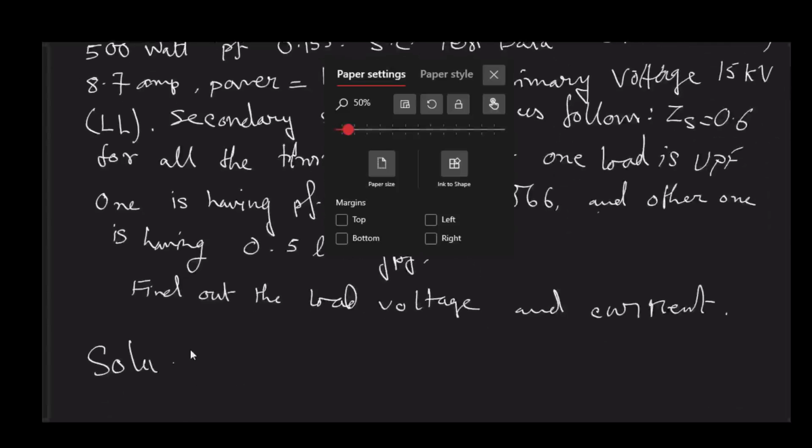Okay, so here is the solution. From the short circuit data we can calculate the series branch parameters. So what is the series branch parameter?